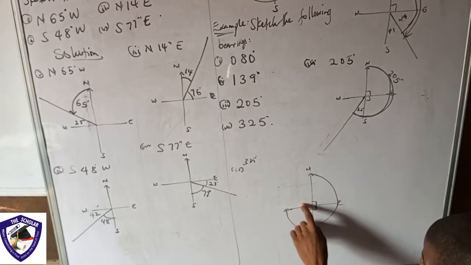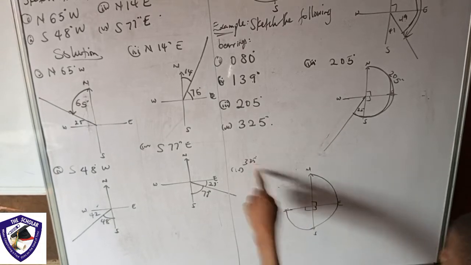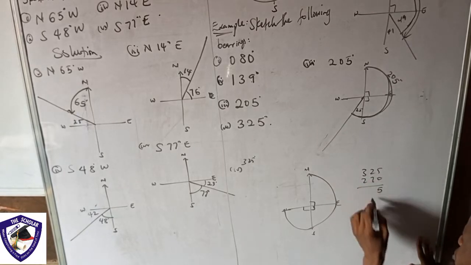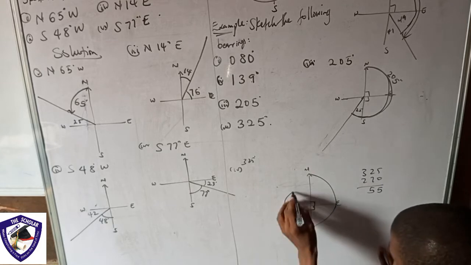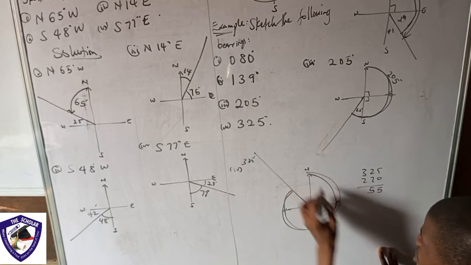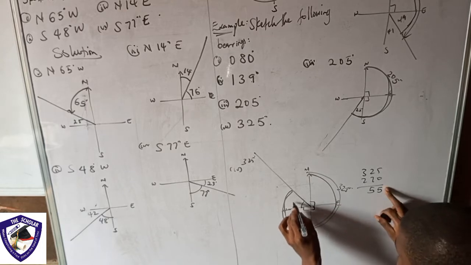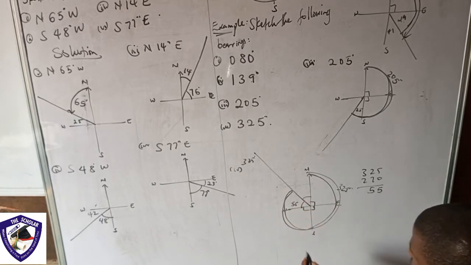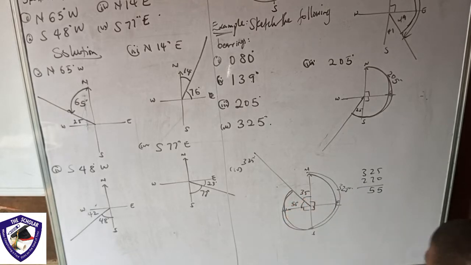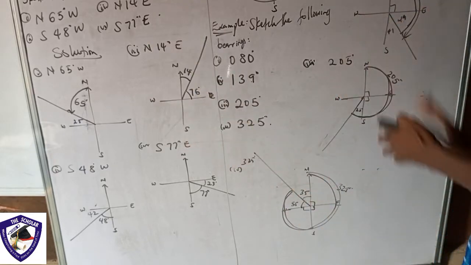How do I get the remaining portion? You subtract the rotations you have completed, 90, 90, 90, that's 270 from 325. This is 5, 12 minus 7, 5. That's 55. So the complete rotation like this is my 325 degrees, while this small portion is 55 and the one outside here is going to give us 35 to complete 90. So this is how you sketch 2-digit and 3-digit bearing.